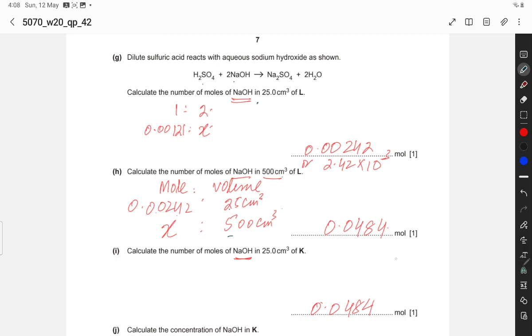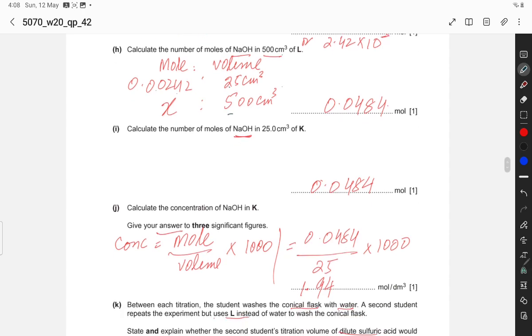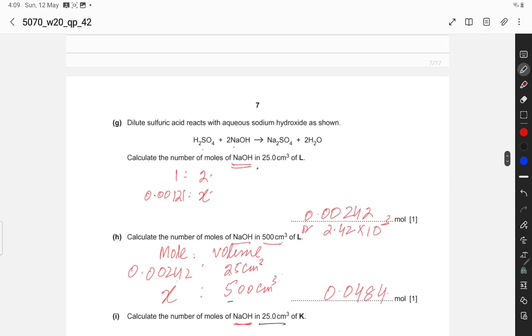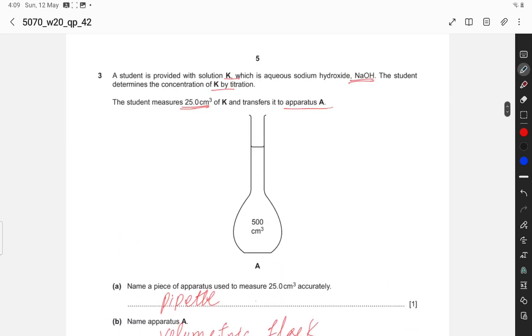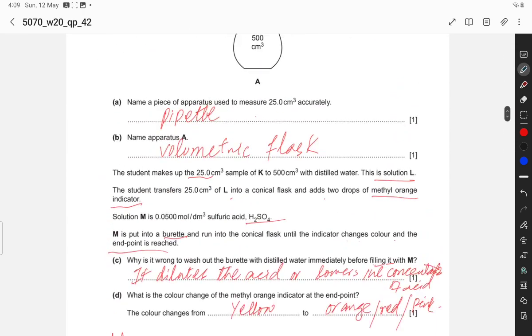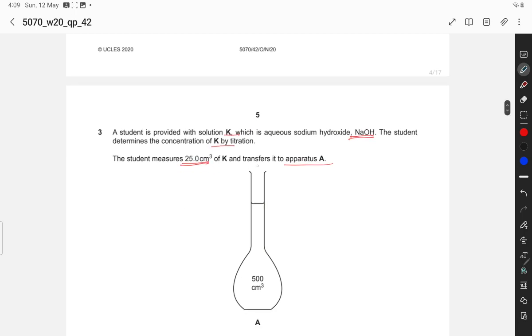So in this way, 0.0484 moles are in the sodium hydroxide. Then calculate the number of moles of sodium hydroxide in 25 centimeter cube of K. So the same moles are there, K is also 0.0484. This is the solution. Sodium hydroxide is 25 centimeters.